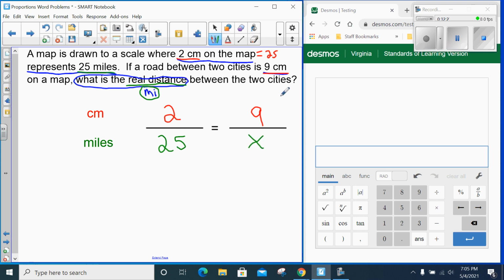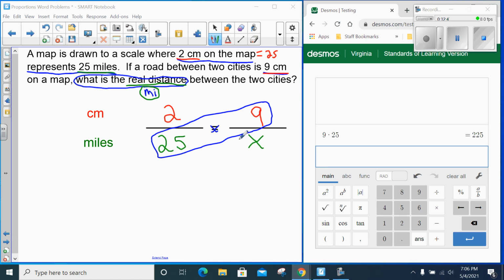So now you're ready to cross multiply and then divide by that number across from X. So we're going to multiply 9 times 25. And I'm going to use my Desmos to help me keep moving. And I get 225.